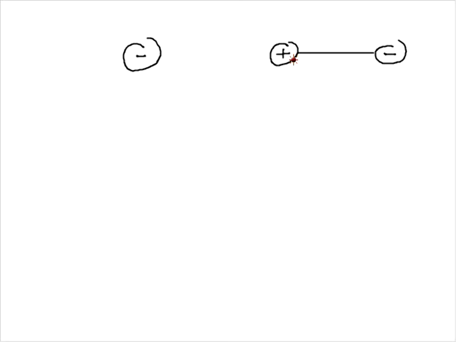Will this rod experience a net force due to this towards the left side, towards the right side, or will it not experience any force because the charges are equal in magnitude, so the forces will cancel out? If the question is not clear, let me know and I will explain it again.